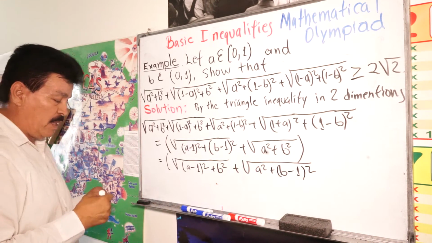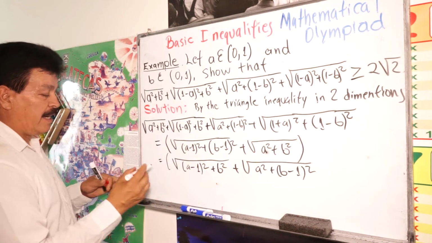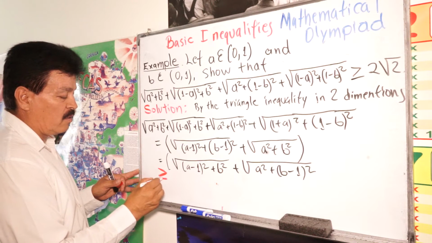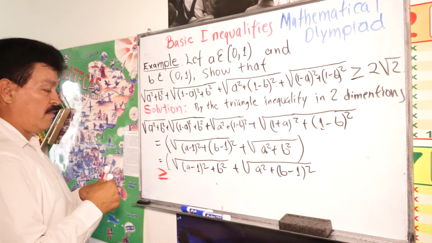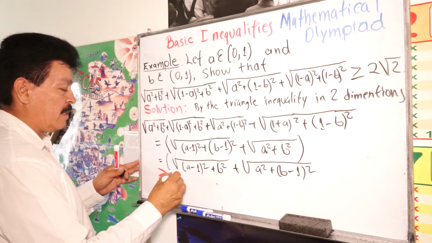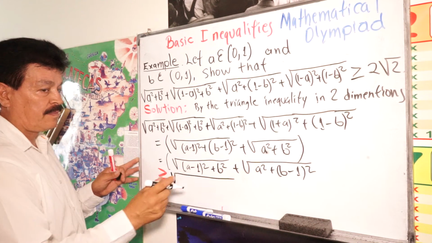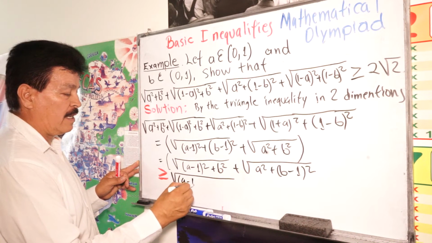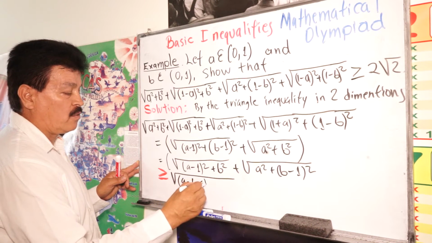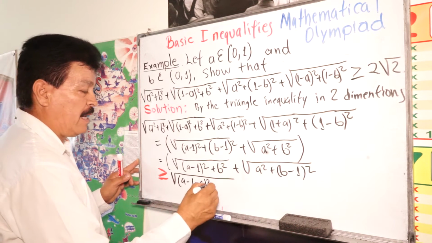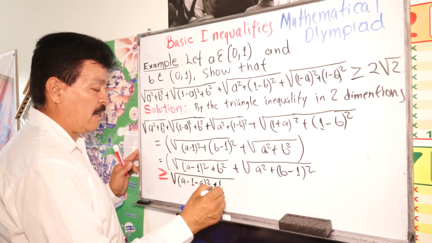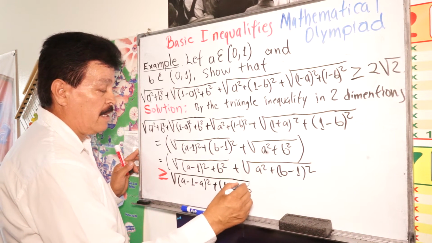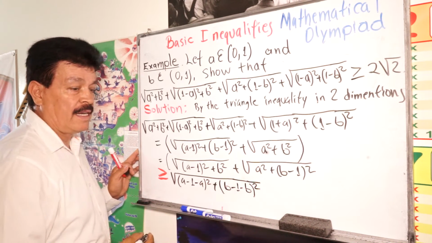So this will be greater than or equal to, look at the sign of this, the square root of, it's longer here, (a - 1 - a)^2 + (b - 1 - b)^2, right?